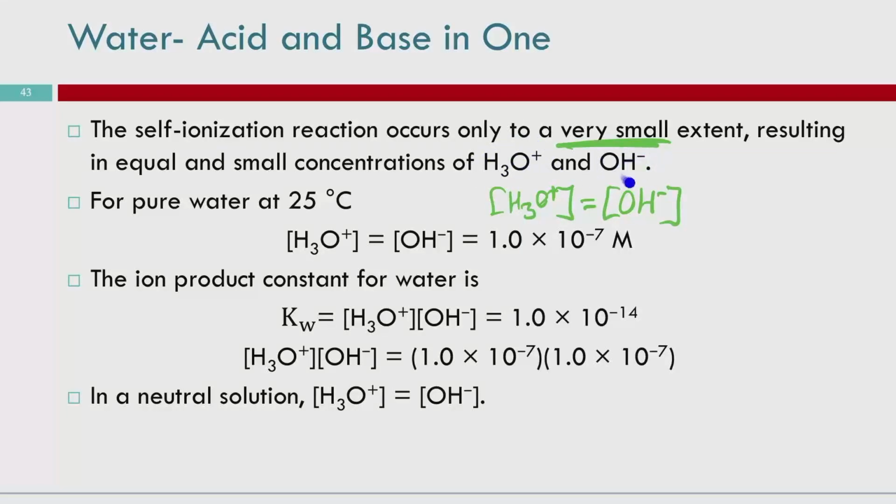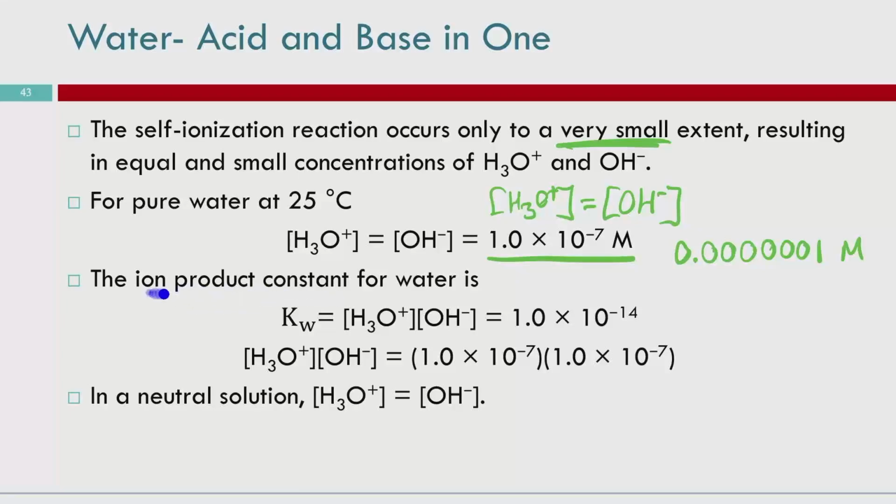For one to form, the other also has to form. If we have pure water at 25 degrees Celsius, those concentrations are equal, and the concentration is 1 times 10 to the minus 7 molar, or 0.000001 molar. So small you can hardly tell that it's there.